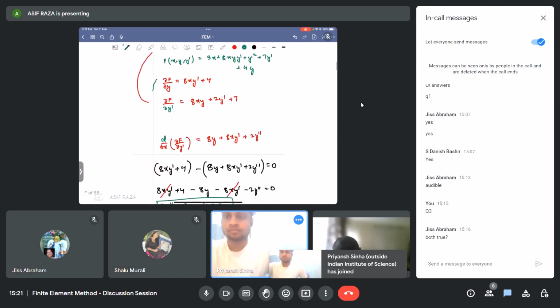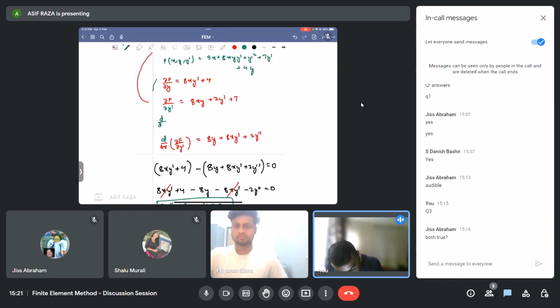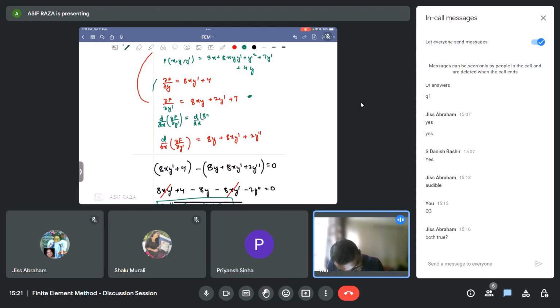So we need to find the derivative d by dx of del f by del y prime. Till this step you are okay, right? Yes, okay. So we need to find the derivative of this. Let's take it individually: d by dx of 2y prime, d by dx of 7.